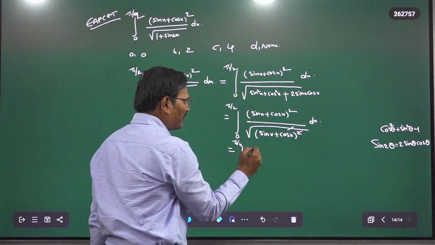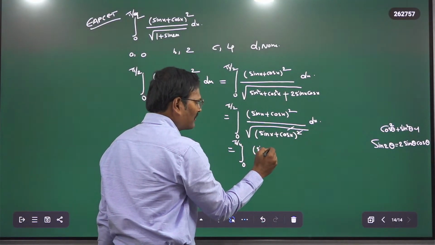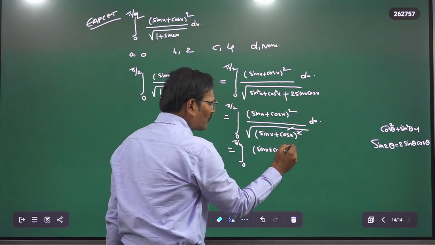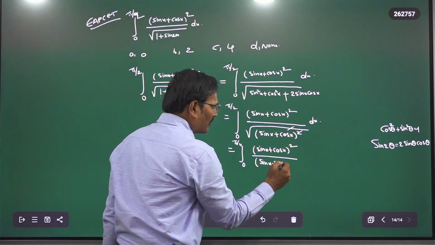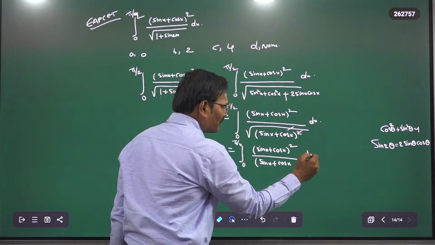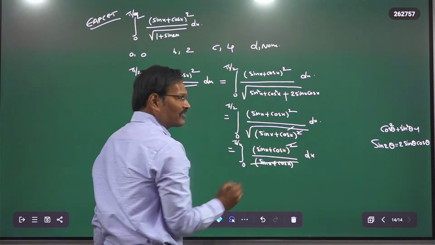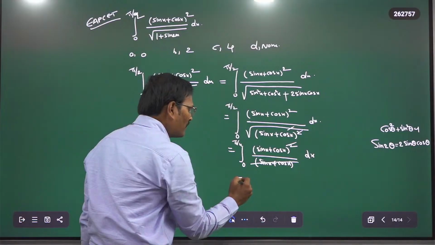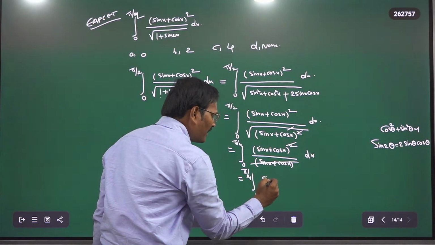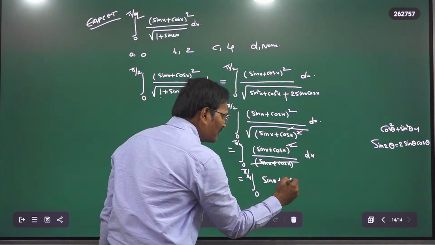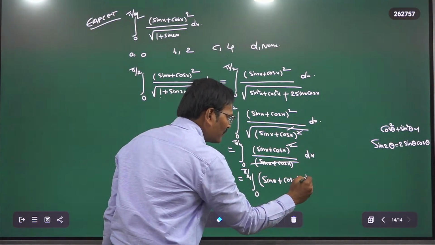Integral 0 to pi by 4, sin x plus cos x whole square by sin x plus cos x dx. Sin x plus cos x gets cancelled. Integral 0 to pi by 4, sin x plus cos x dx.